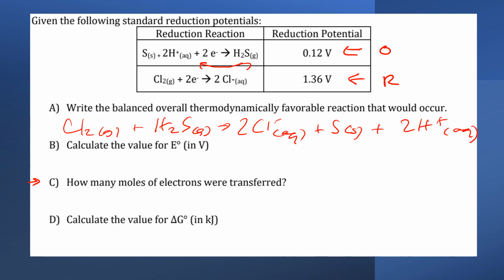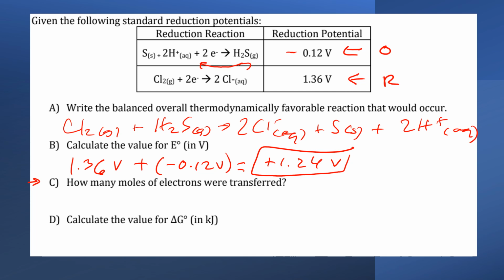Calculate the value of E0 in volts. I'm just going to add these, but remember if I flip this, I need to make that the opposite. So 1.36 volts plus negative 0.12 volts will produce positive 1.24 volts.